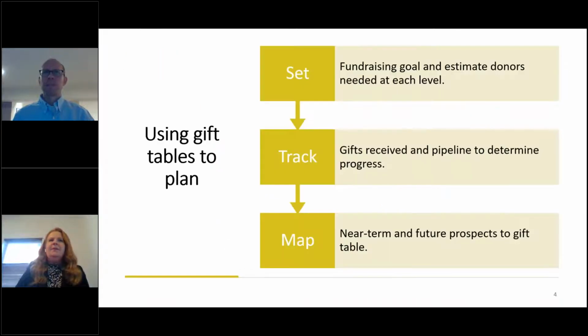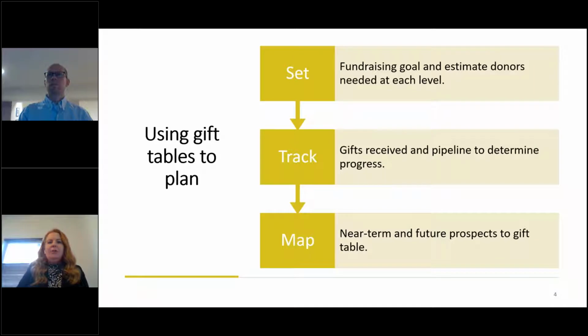When we think about using gift tables to plan, we want to think about it in a few different ways. We can use it to set our fundraising goals and estimate the donors needed at each level. When we're working with our clients, usually we would recommend pulling together 2 to 3 gift tables for various goals as you're in the planning stage, so you can figure out where you have the donors or the prospects that you need to reach the specific goals.